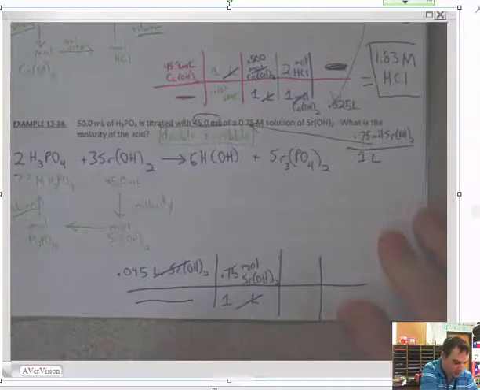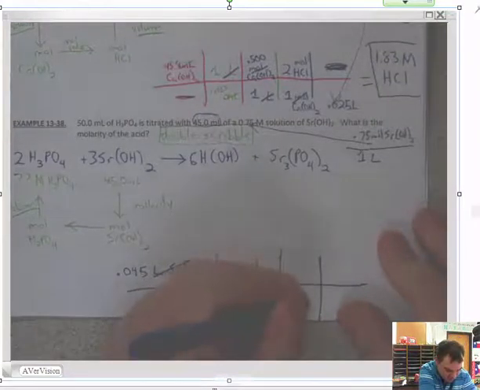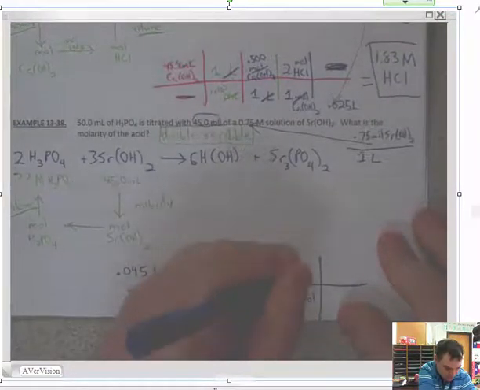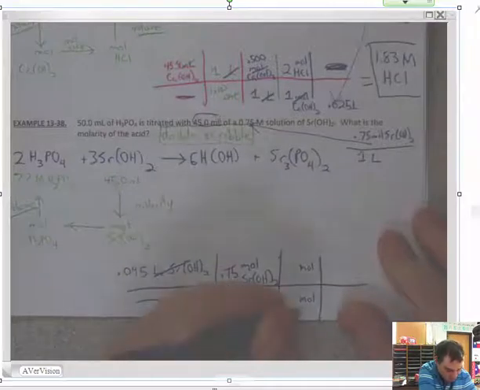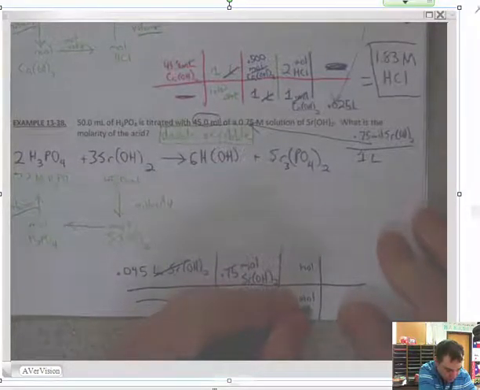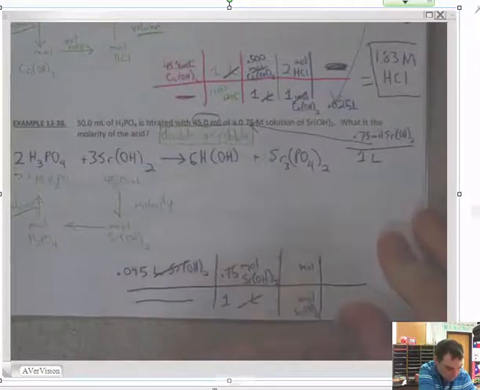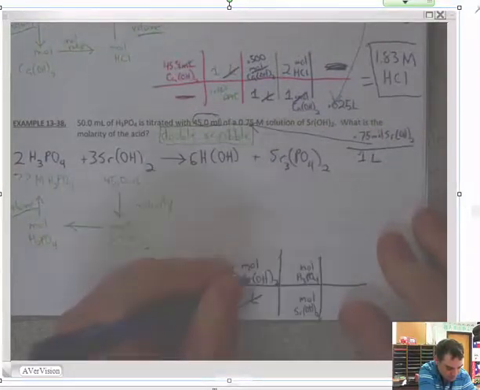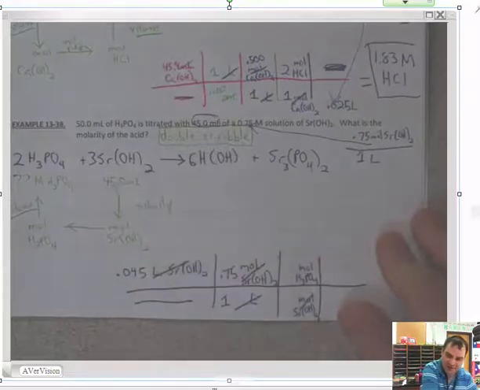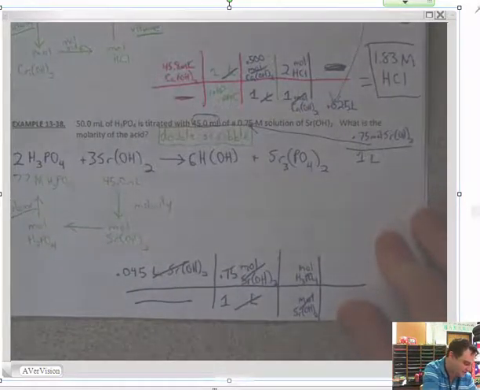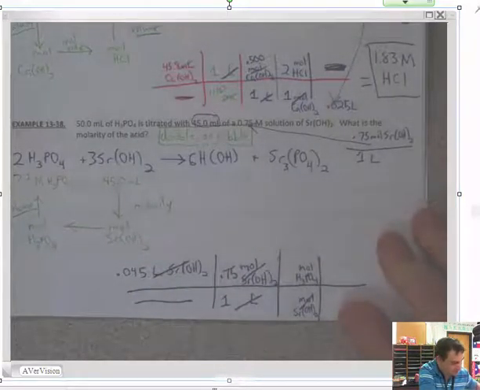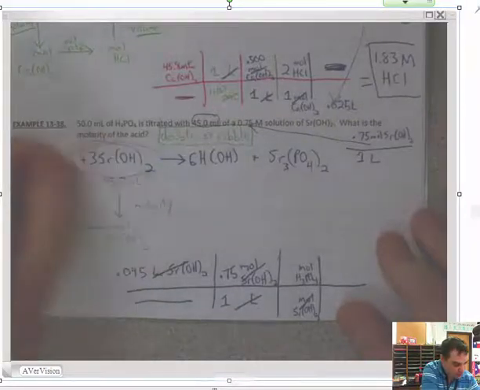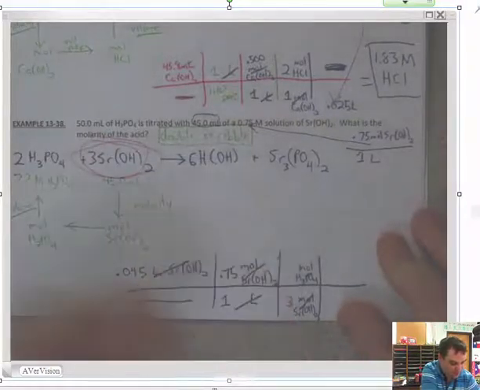Now we've got to do our wham, wham, wham, whams to go across our bridge. Moles on the bottom, moles on the top. Moles of strontium hydroxide on the bottom, moles of H3PO4 on the top. Swish, swish. Wham, wham, wham, wham, 3.